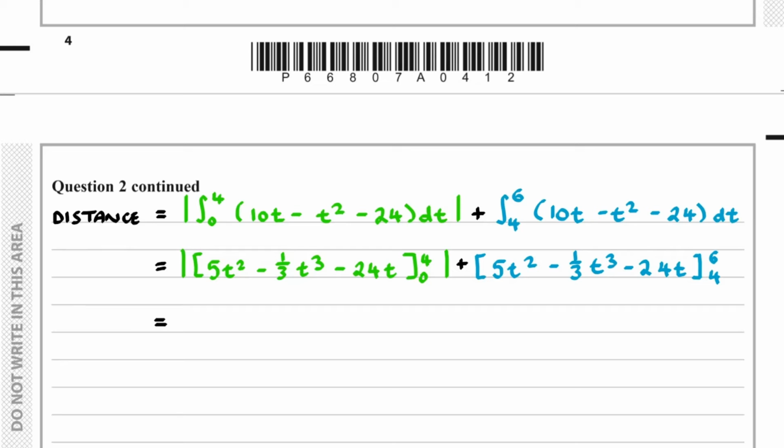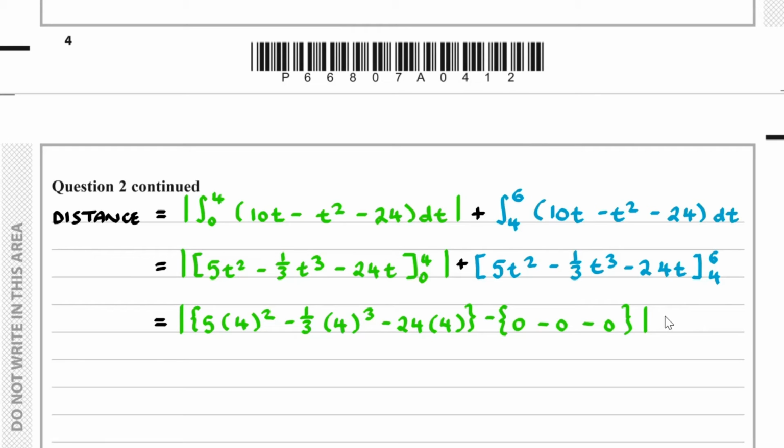So the absolute value of this integral here: for our upper limit, we have 5 lots of 4 squared minus 1/3 lots of 4 cubed minus 24 lots of 4. And then for our lower limit, we have 0 minus 0 minus 0. We need to take the modulus of this.